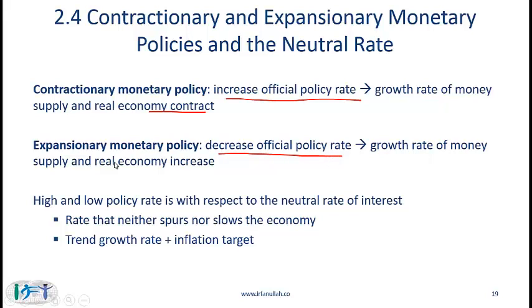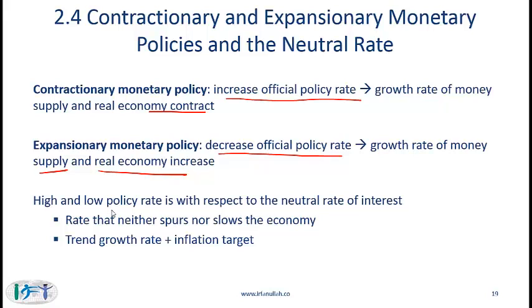This causes the growth rate of money supply and the real economy to increase or grow. And note that this is in the short run. Given the money neutrality theory, in the long run, simply increasing money supply or simply changing interest rates will not cause the real economy to increase.